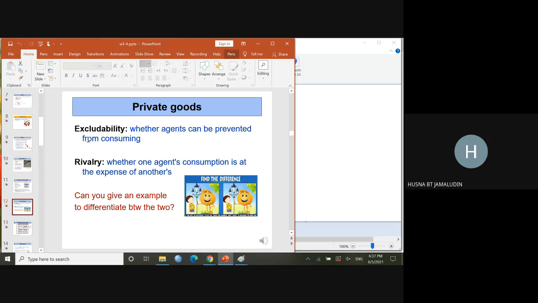Abdulaziz, are you there? Yeah, tell us. Excludability and one other term is... Mean? Excludability, right? Okay, what does it mean? Give me the example.